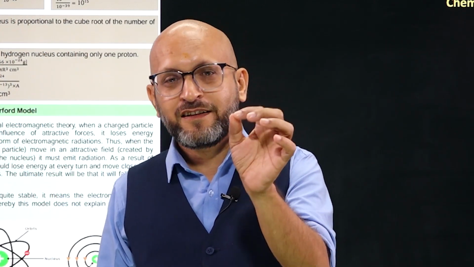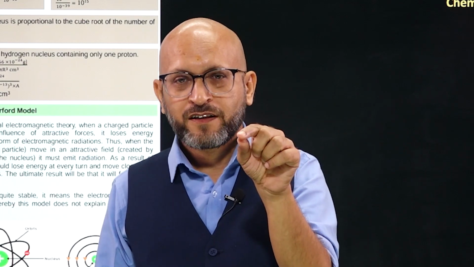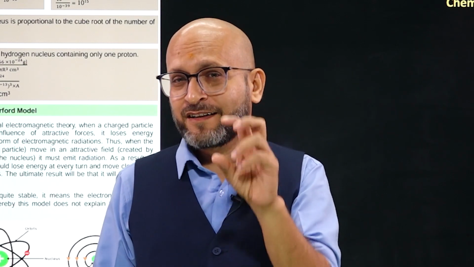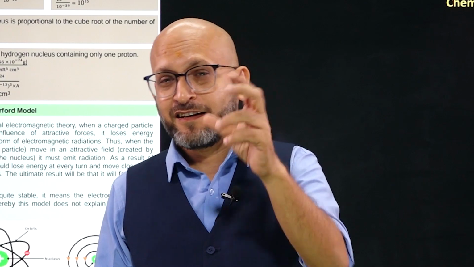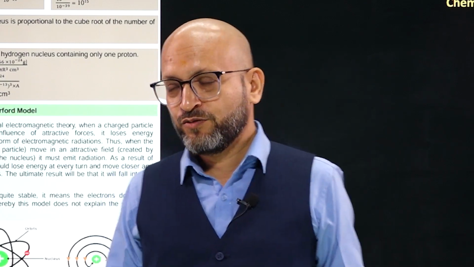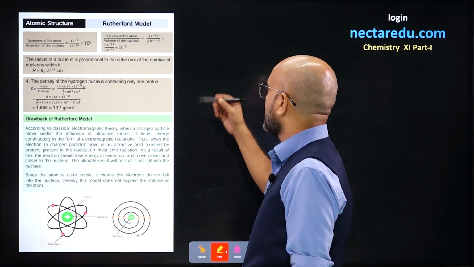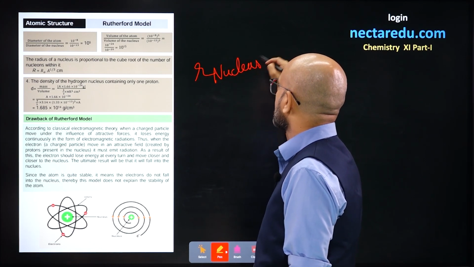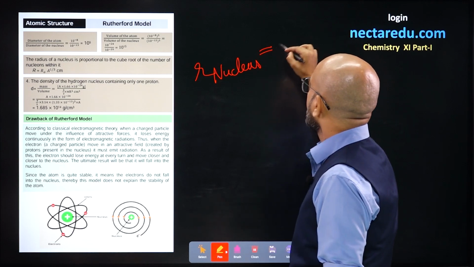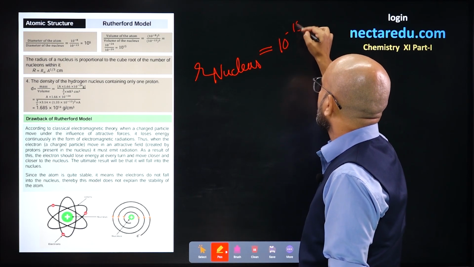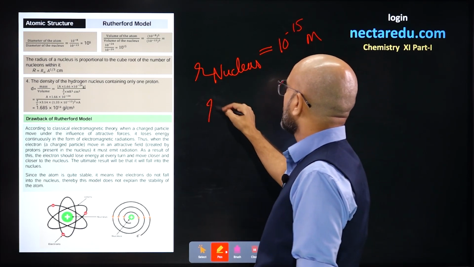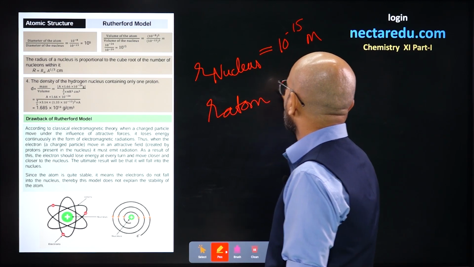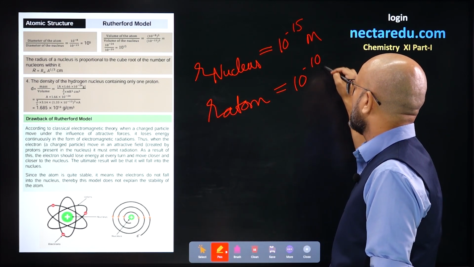So the nucleus is a very small region, and if you want a technical answer, let me tell you, if we take the radius of the nucleus as 10 to the power minus 15 meter, the radius of the atom is 10 to the power minus 10 meter.